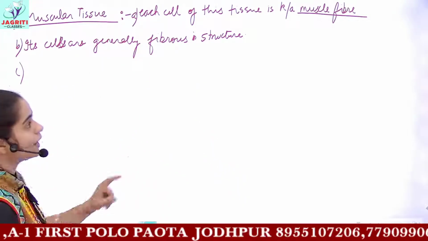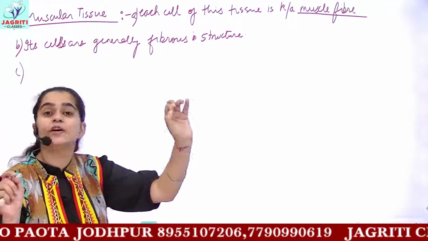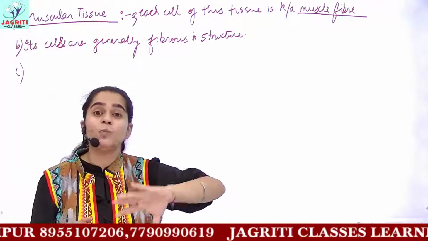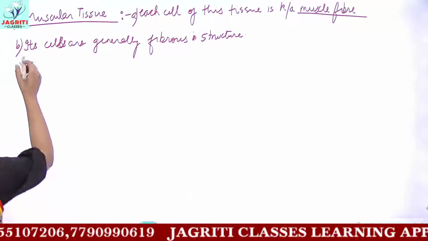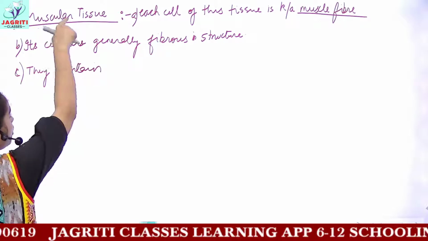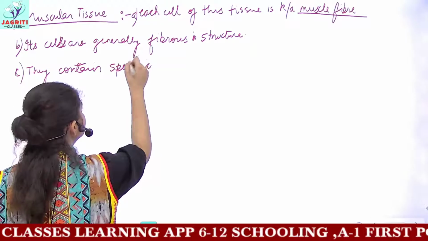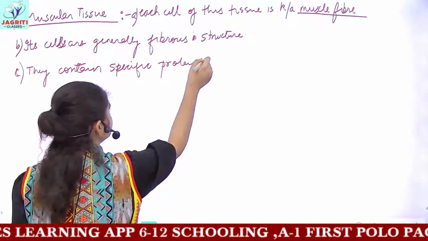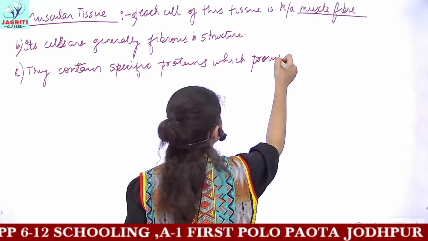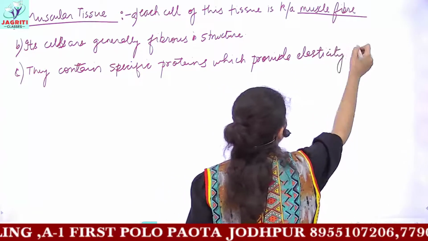So muscular tissue is made up of cells which are called muscle fibers. These cells are generally fibrous. Not every time, but they are generally observed to be fibrous in nature. Fibrous means present in the form of a network of threads. And the next is, these cells contain specific proteins which provide elasticity or flexibility to your muscular tissue.